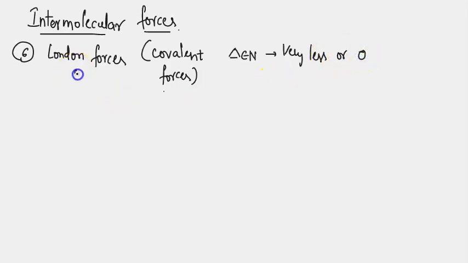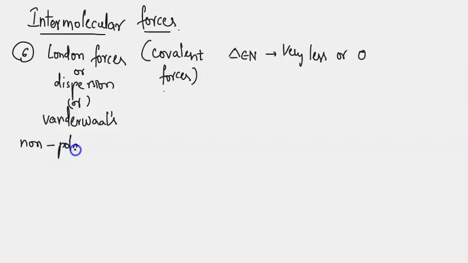Now London forces are also called dispersion forces, or van der Waals forces, named after the scientist van der Waals. These forces exist between non-polar molecules. Covalent molecules are mostly non-polar, but we can have a few polar covalent molecules also.